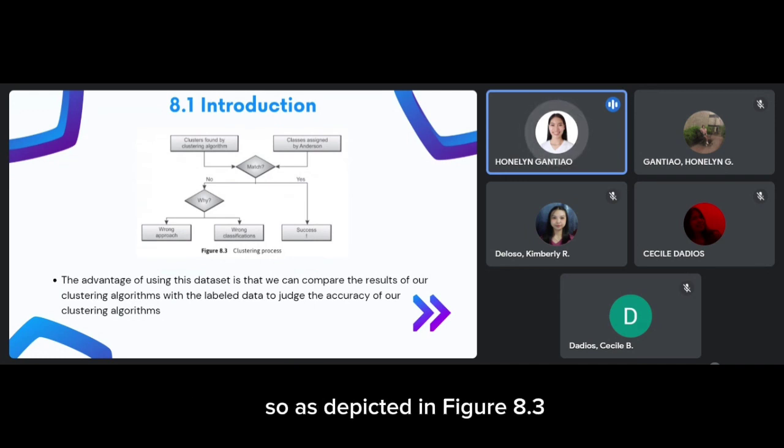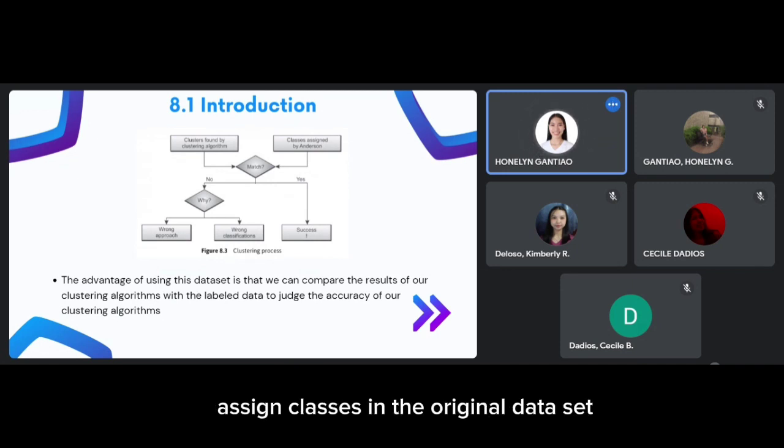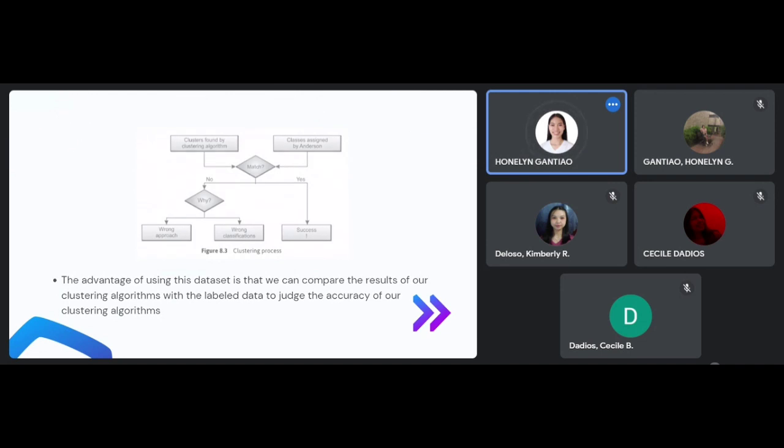As depicted in figure 8.3, we can compare the results of our clustering algorithms with the labeled data to judge accuracy. For example, Anderson classified each of the samples. So after clustering the samples, we can compare the results of clustering with the assigned classes in the original dataset.